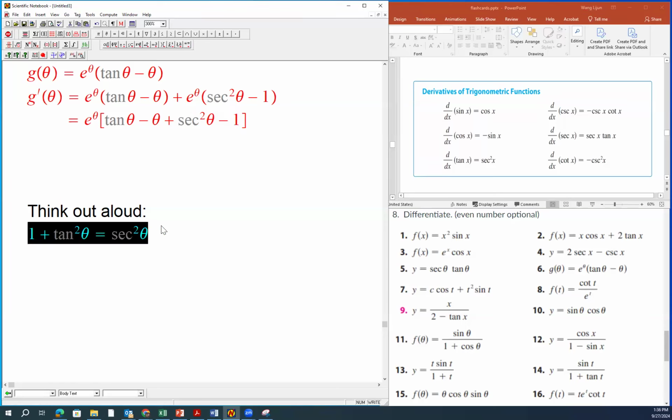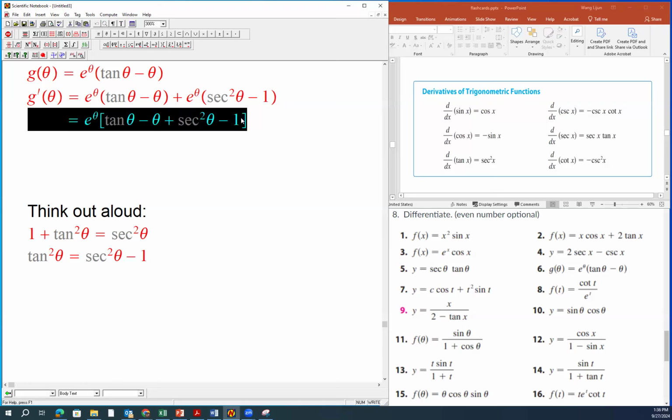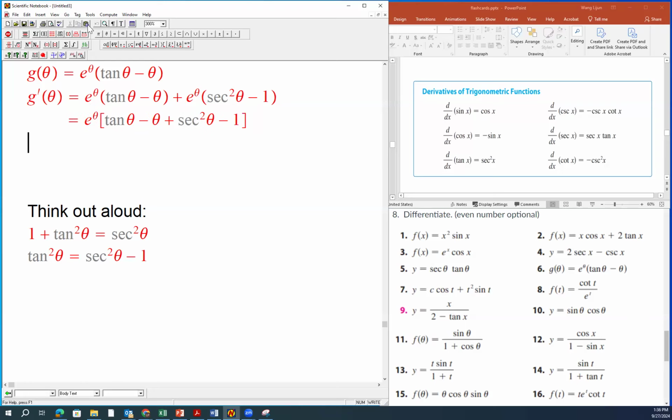From this identity, I will get tangent square theta equals secant square theta minus 1. So on this step, I'm going to replace this piece by tangent square theta.